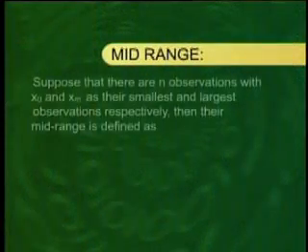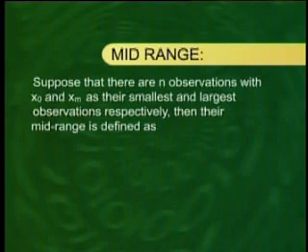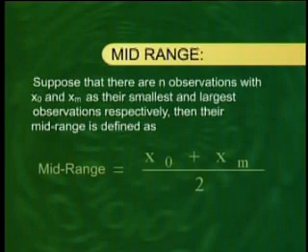First, the mid-range. Suppose that we have n observations such that the smallest is denoted by x naught and the largest by xm, then the mid-range is defined as x naught plus xm over 2.